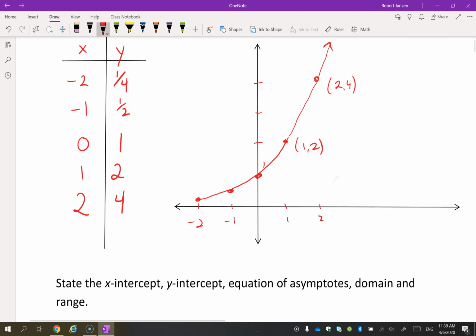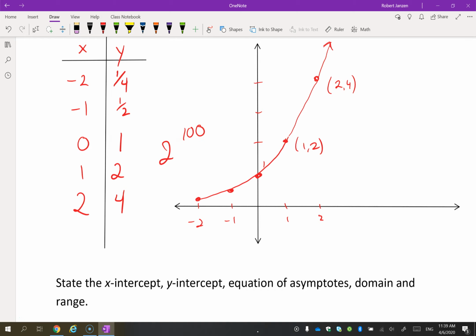Okay, what happens down here to the left? Well, no matter how small we make this number, say like -100, this is never going to turn into a negative value. 2 to the power -100 is still going to be a positive value.